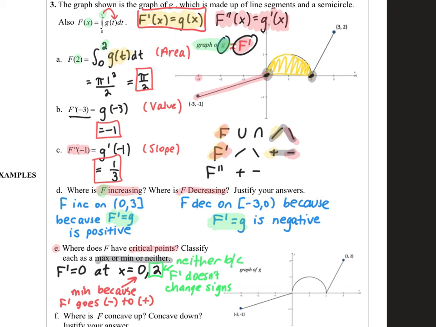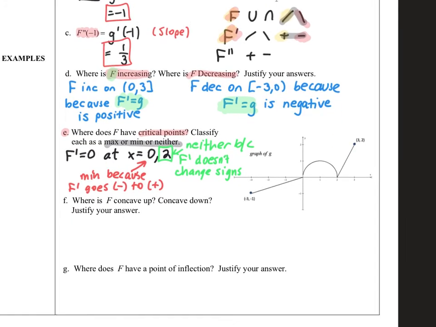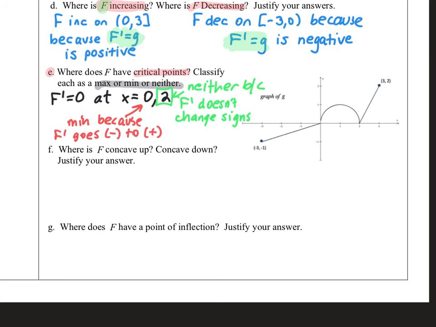In question F, I'm asked about the concavity, if f is concave up or concave down. And again, I'm going to use the fun chart to just help organize what I'm doing here. So f is concave up where f prime is increasing. I've already established early on that this, even though it's labeled as the graph of g, is really f prime.